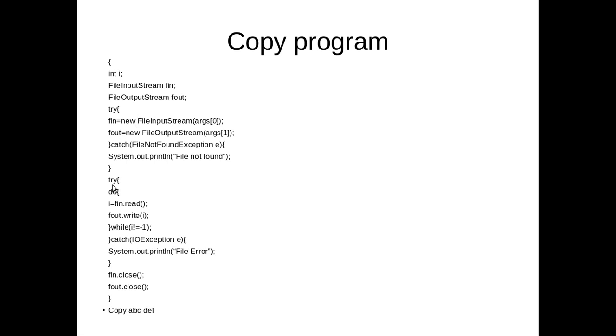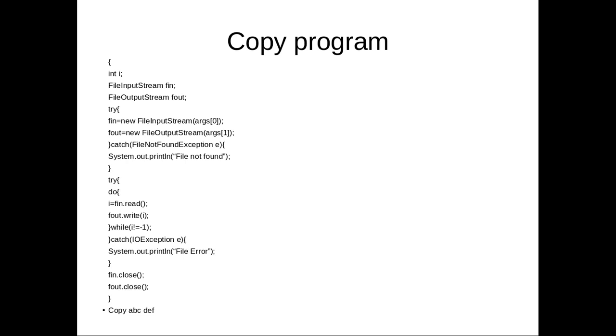Okay, after that, in the next try, you are going to have a do while loop, and in this do while loop, i = fin.read() means it is reading a single byte from the first file ABC, and it will advance to the next byte, and after reading this byte, fout.write(i) means you are going to write that character to the other file. That means fout is pointing to DEF.